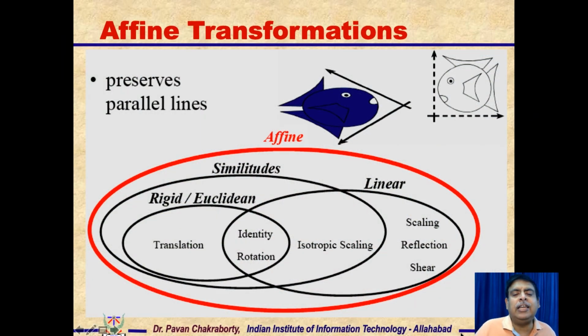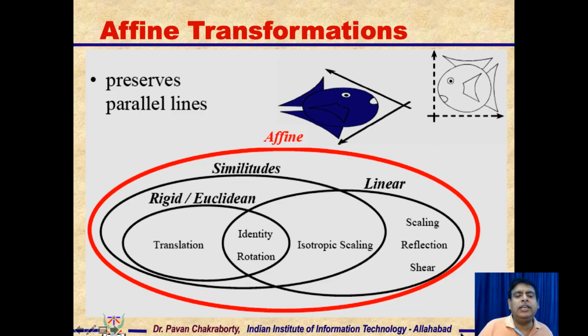So the affine transformation combines a similitude transformation and a linear transformation into a single group called the affine transformation. The only property of the affine transformation is that it preserves parallel lines.